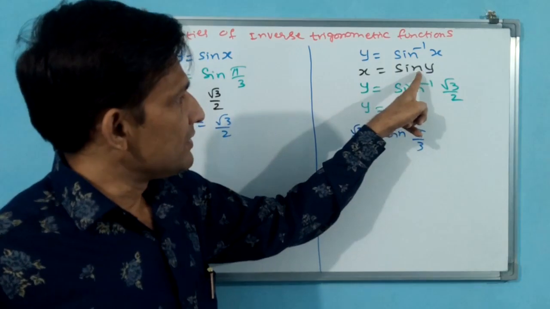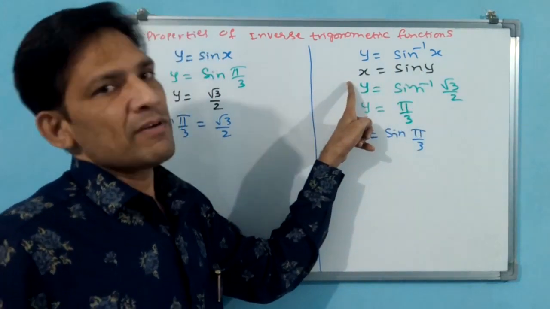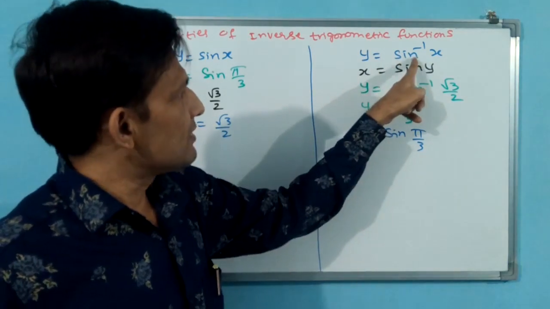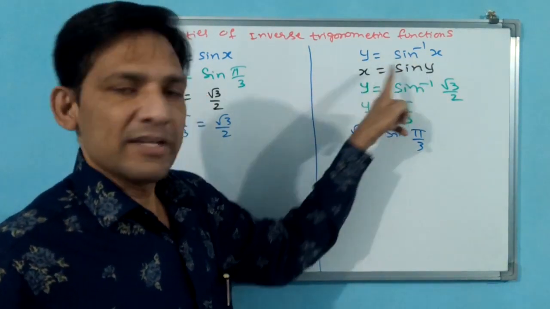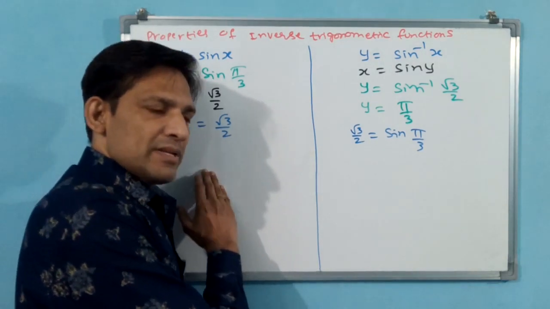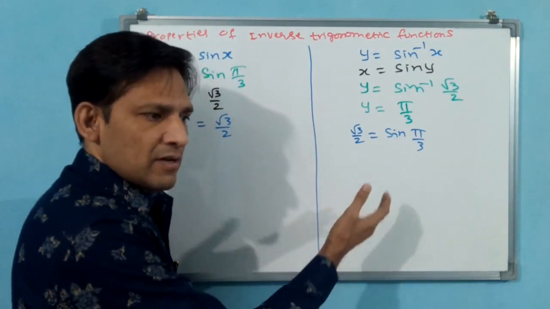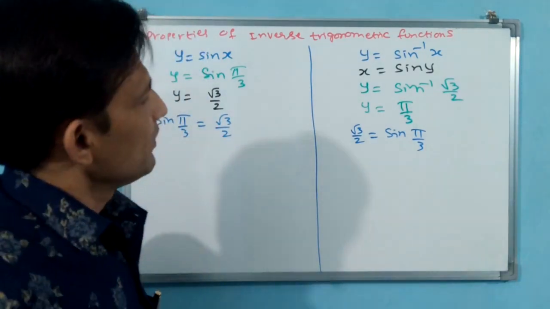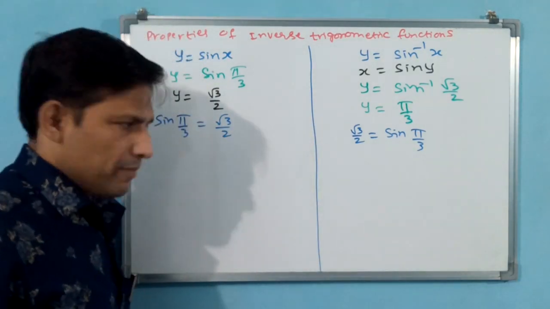If this sin goes to the other side, it automatically becomes inverse. If sin inverse goes to this side, automatically it becomes sin y. One side sin means the other side it becomes inverse, one side inverse means the other side it becomes sin. Okay? Now we see another property.